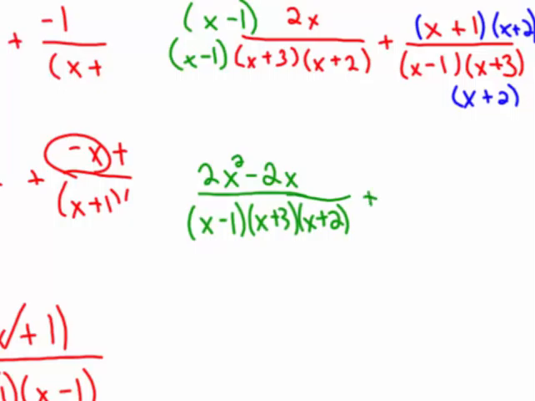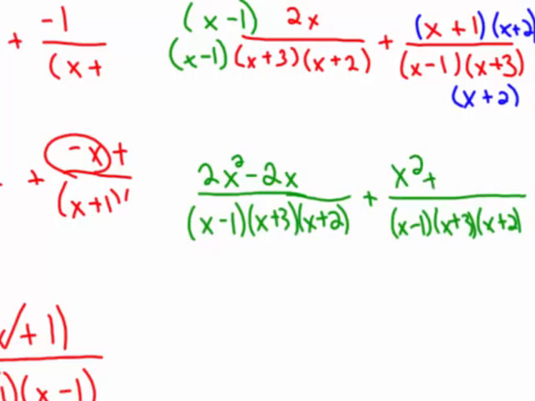On the top of the second one, again, the bottoms are the same. I'm going to get x squared plus 1x, and 2x is 3x. And then 2 times 1 is 2 here.